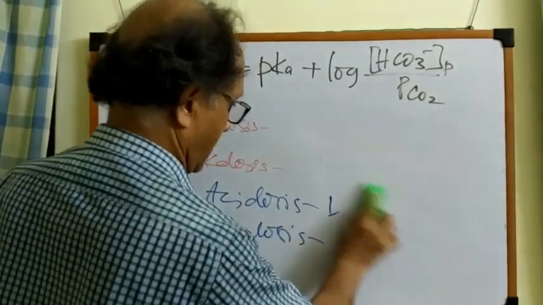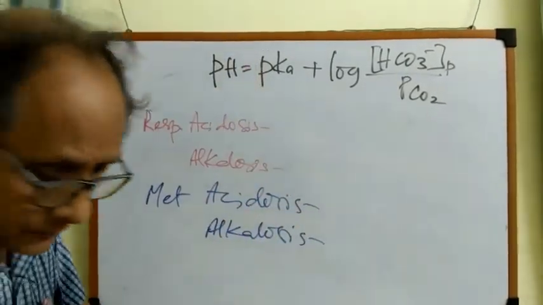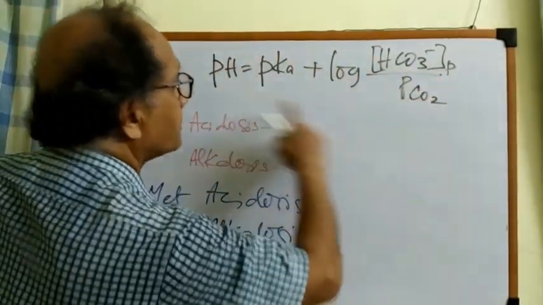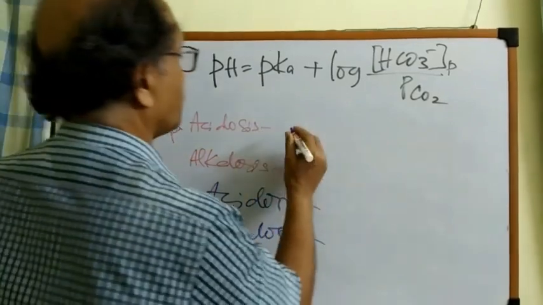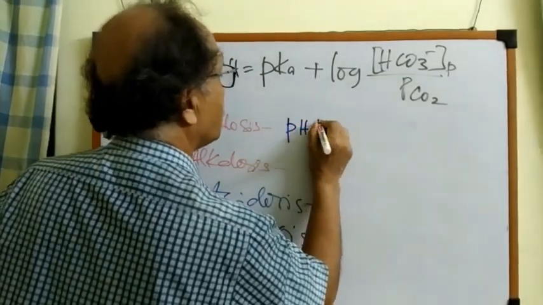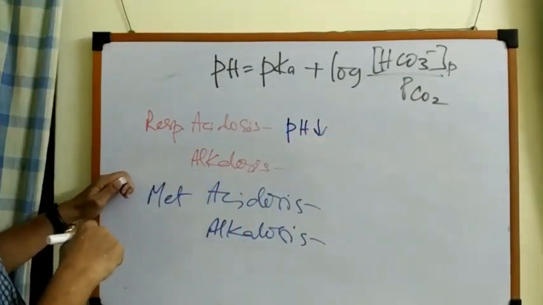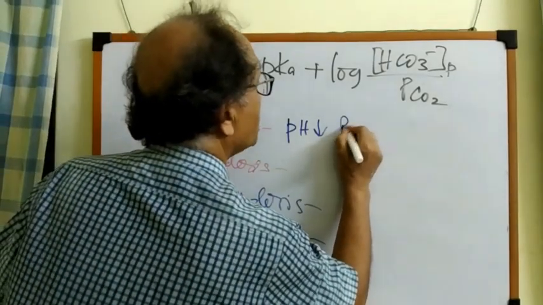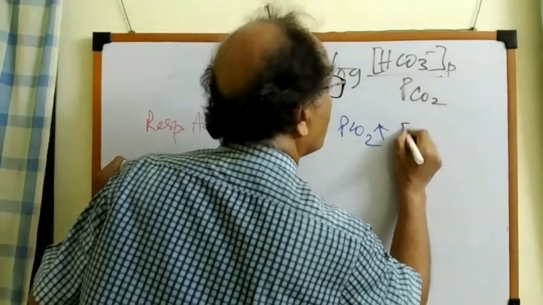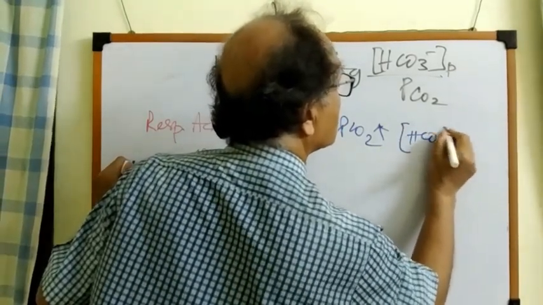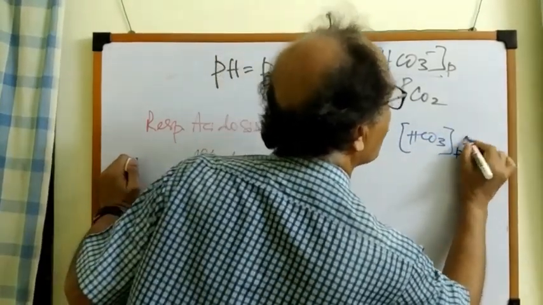If we try to summarize one by one, in case of respiratory acidosis, the pH will fall, PCO2 will rise, and bicarbonate level will remain more or less normal.